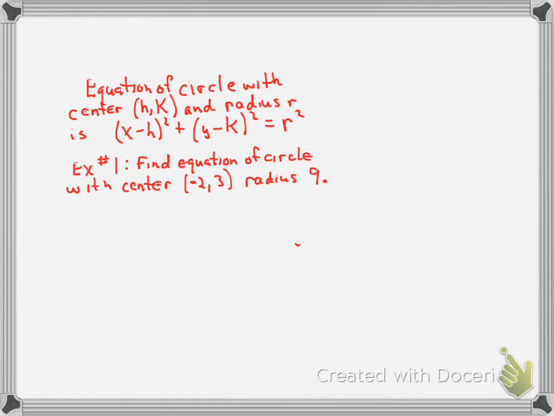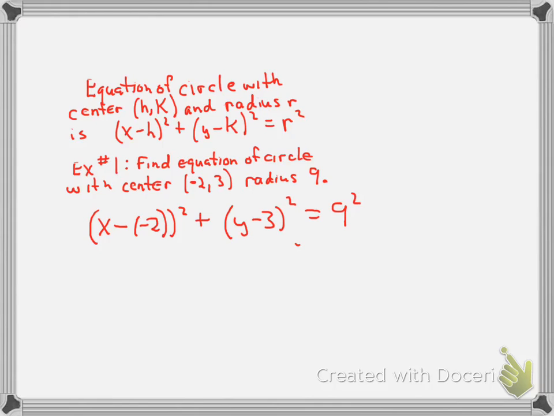Well, this is a lot like working with slope-intercept form with lines: it's nothing more than just plugging in to the equation. So, the equation says we should take x minus the x coordinate. That would be x minus a -2, squared, plus the quantity y minus the y coordinate, which would be y minus 3, squared, equals the radius squared.